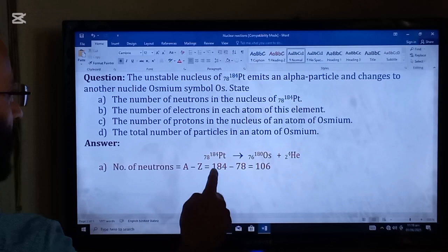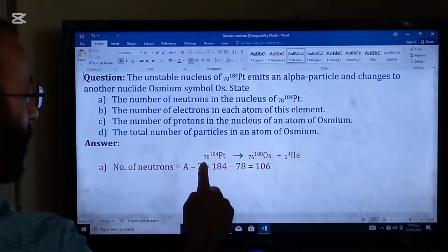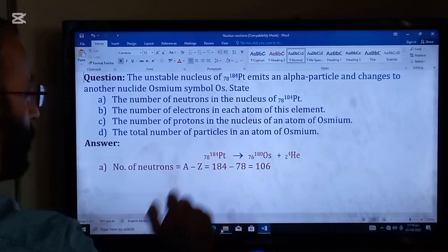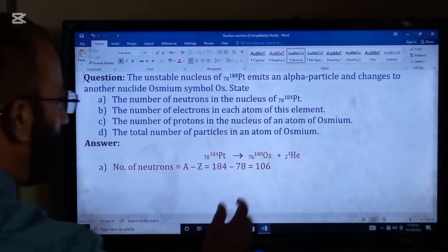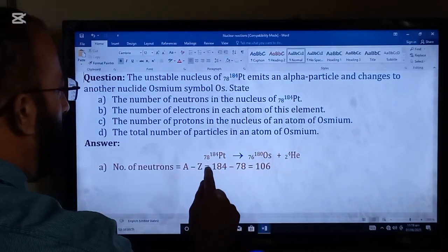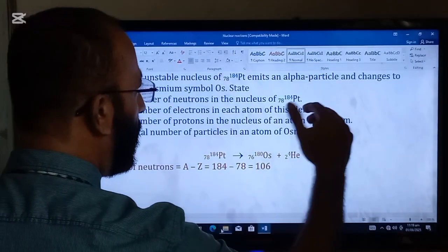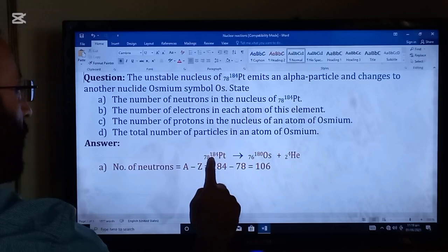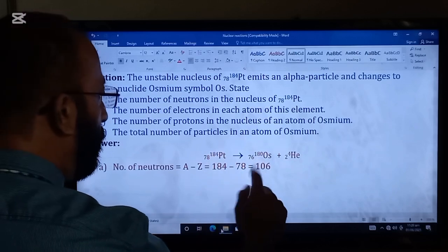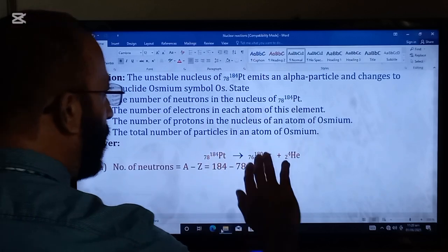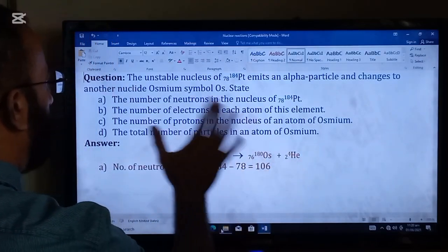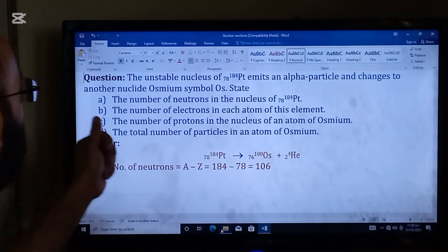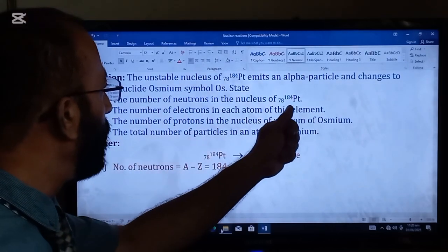So the reaction will be: 78 will be the proton number, 184 will be the nucleon number of the parent nuclide, whereas the daughter nuclide will have, because an alpha particle is emitted, the proton number decreased by 2 and the nucleon number decreased by 4, and an alpha particle will be emitted. So this will be the equation of the alpha decay. So the requirement is the number of neutrons in the nucleus of this.